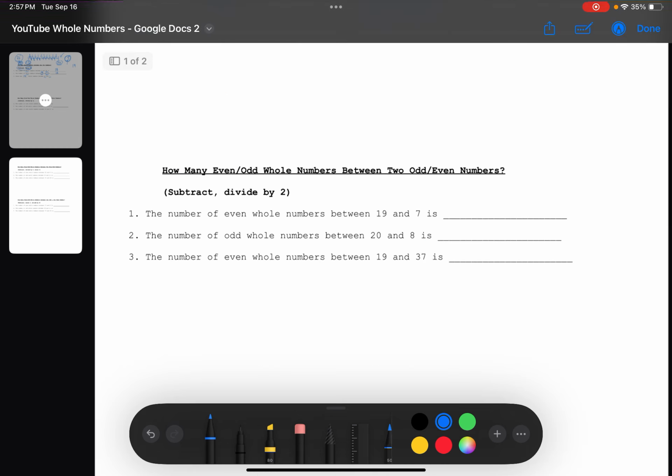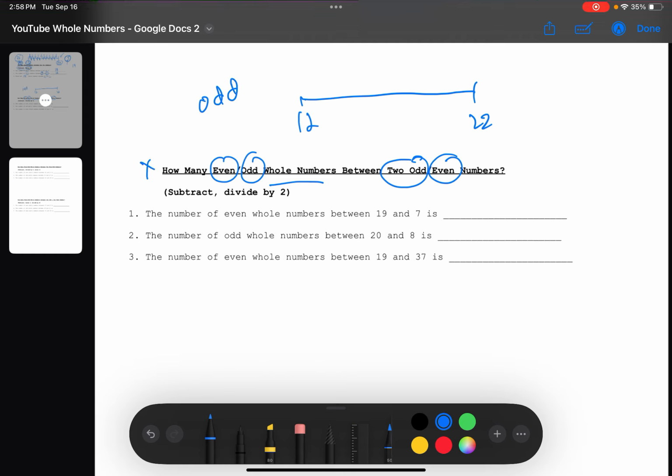Now let's jump into this one. So now this one's asking a little bit different. They're asking either for how many even or how many odd whole numbers between 2 odds or 2 evens, okay? So let's say, for example, the same example of 12 and 22, right? So let's say, for instance, we want to find how many odd. So in these specific examples, if we want to know how many odd, we're going to want to know how many odd are between 2 evens.